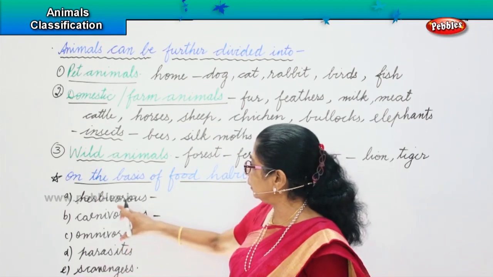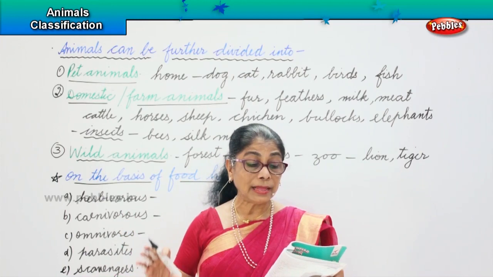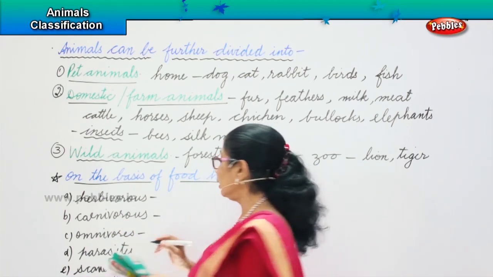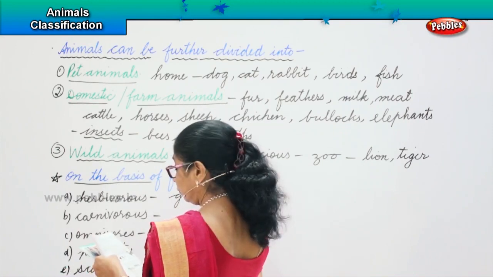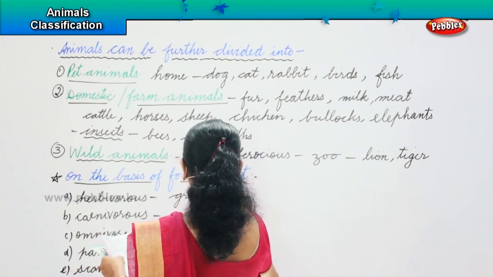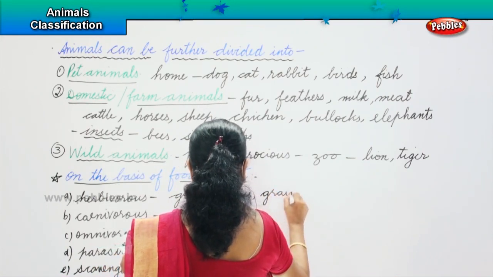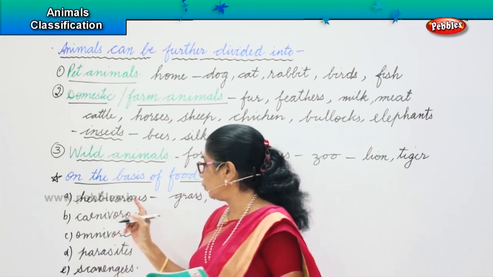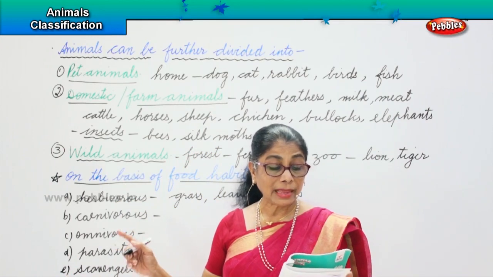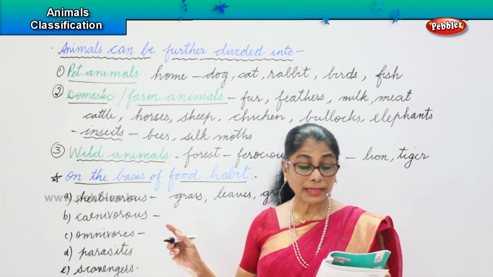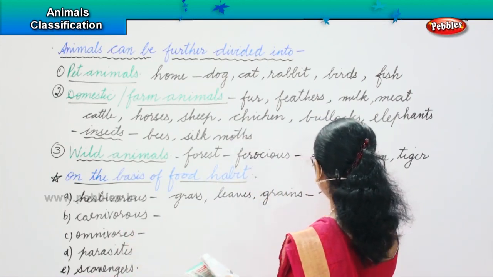Let's talk about the first, herbivores. Herbivorous animals are those that mostly feed on grass. They love to eat grass all day, leaves, grains. So those animals who eat grass, leaves, and grain, we call them herbivores. They have flat, broad front teeth.